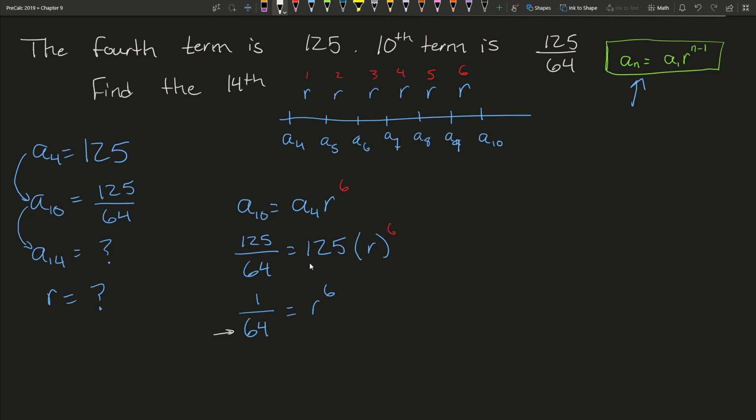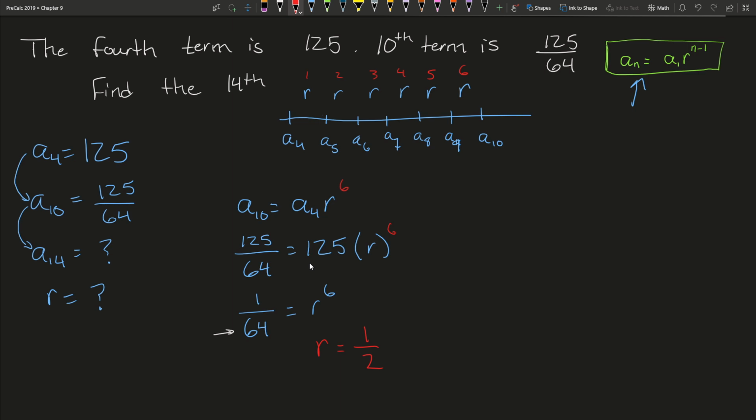And because this 64 is in the denominator, our 2 is also going to be in the denominator. So r then is going to be equal to 1/2. Because 1/2 times itself 6 times is 1 over 64.